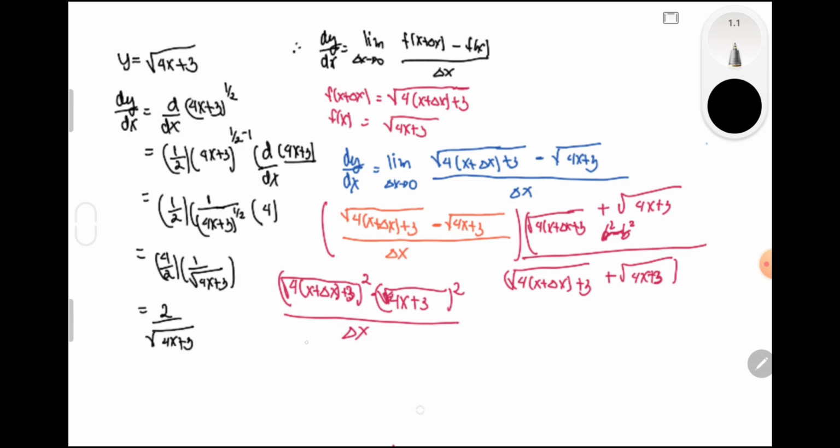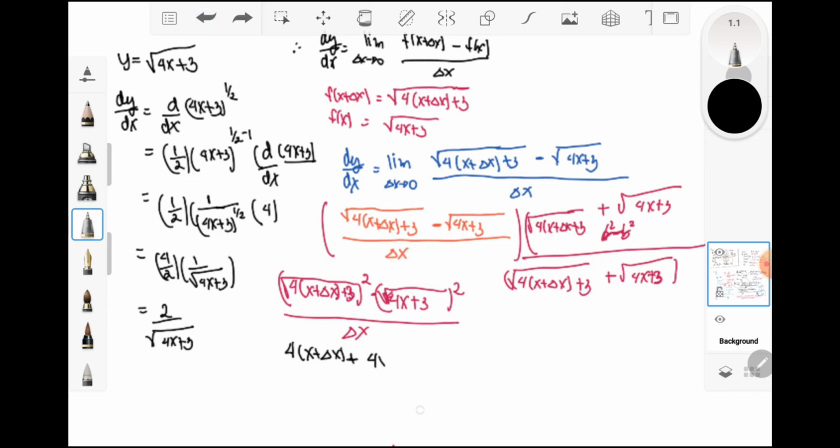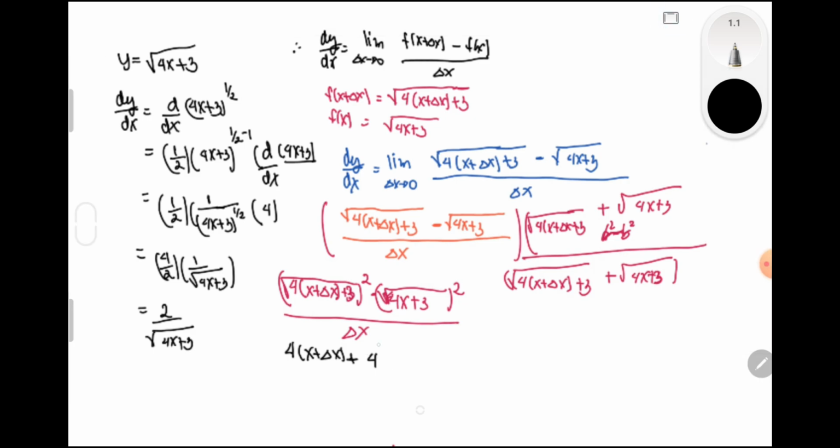So therefore we'll have a value equal to 4 multiplied by (x plus delta x) plus 3 minus (4x plus 3).